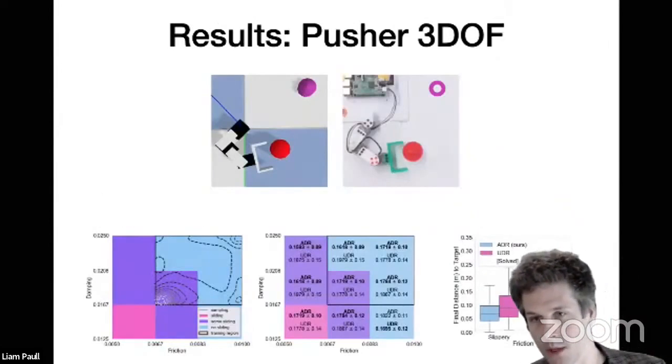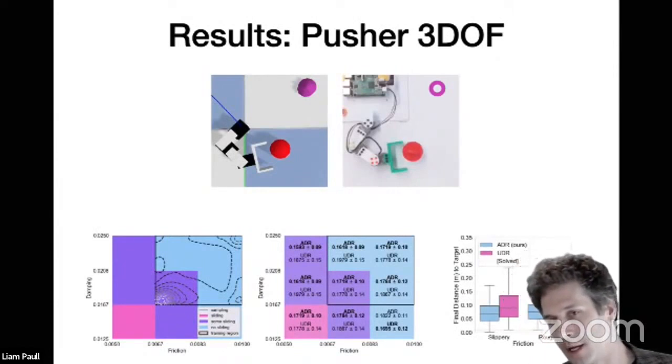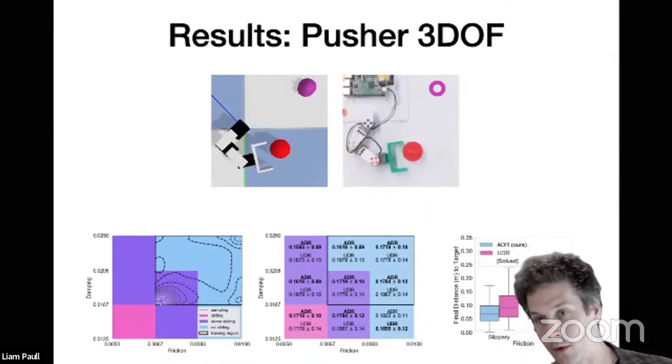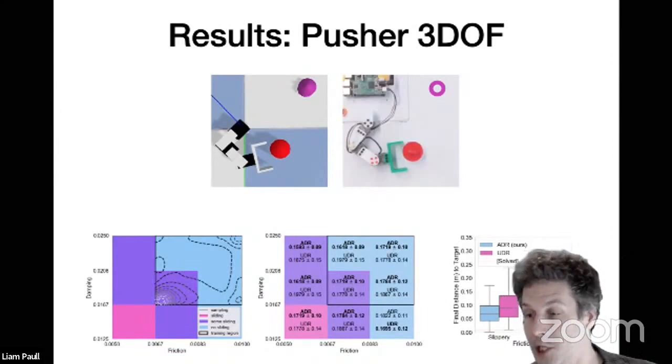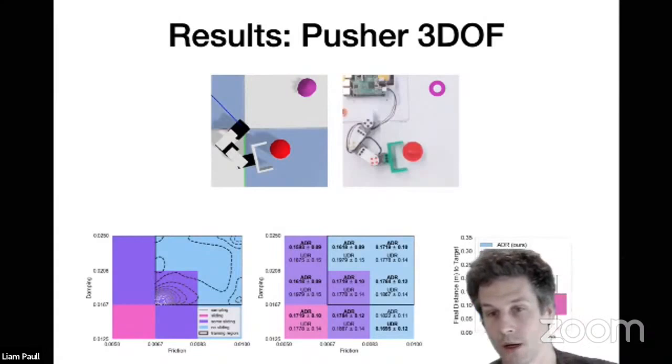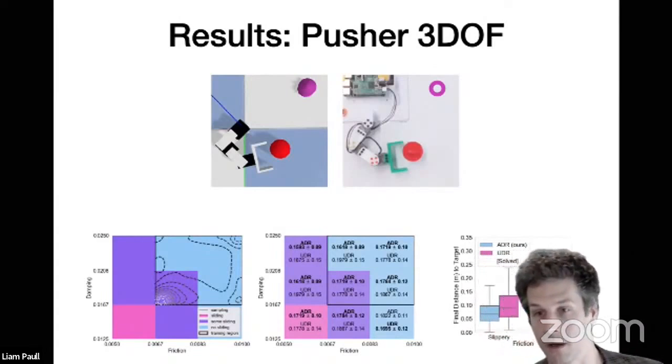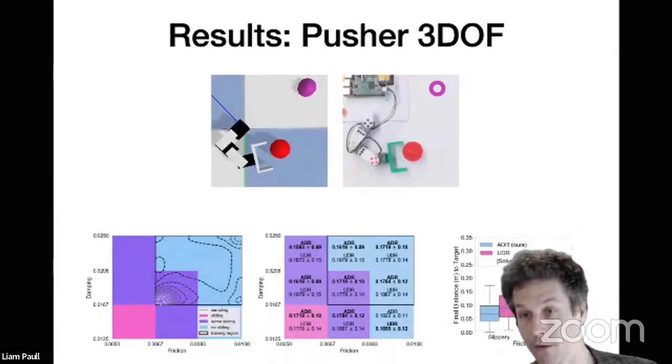And so I show some results. Here we have a 2D plane example of a robot pushing a puck, where we can vary the friction between the puck and the table. We show that our algorithm, say in the bottom right, is able to achieve better generalization performance than just uniformly sampling this friction.